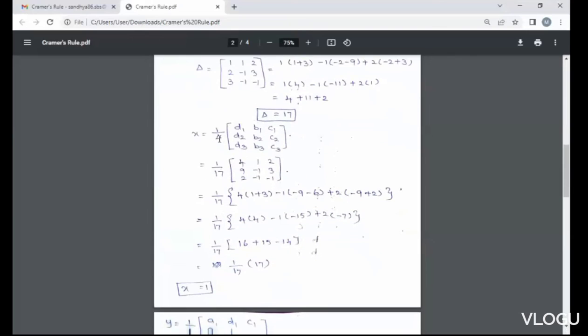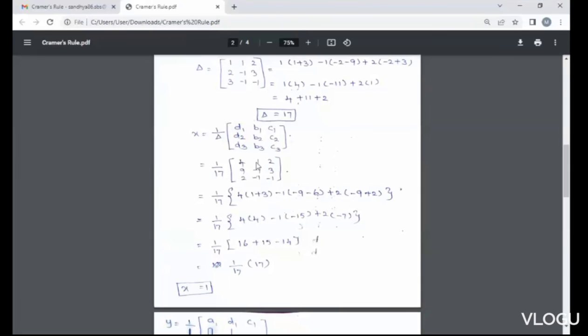So 1 by delta value is 17, 1 by 17 times of determinant value. First element is a positive element, so 4 times of minus 1 into minus 1 plus 1. Minus is there in the formula. 3 into minus 1 is minus 3. Minus into minus will become plus.